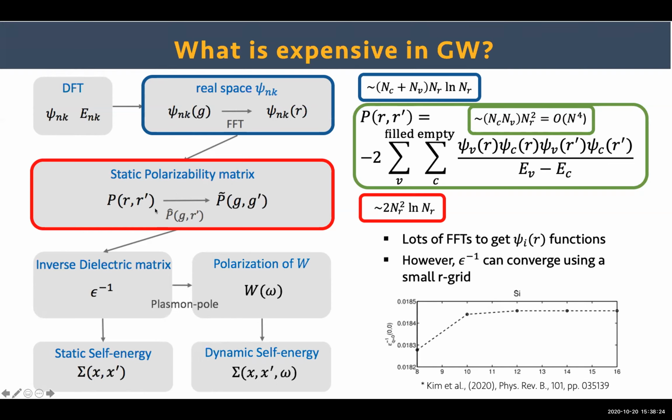The reason for this additional step of going through FFTs and inverse FFTs is that when you calculate the inverse dielectric matrix, it can converge much faster, even using decent small real space grids, so it significantly saves on the cost by a factor of 2 in terms of the grid spaces.